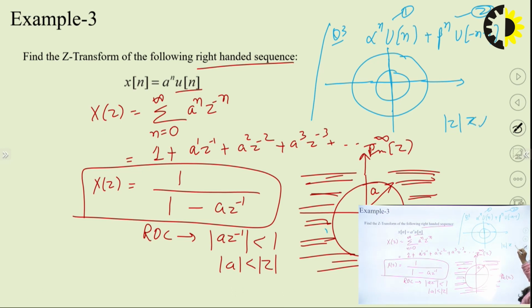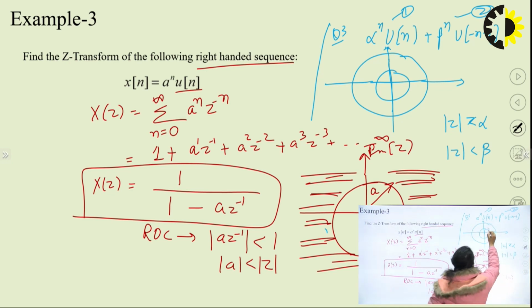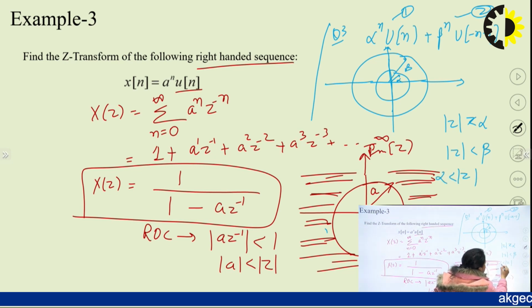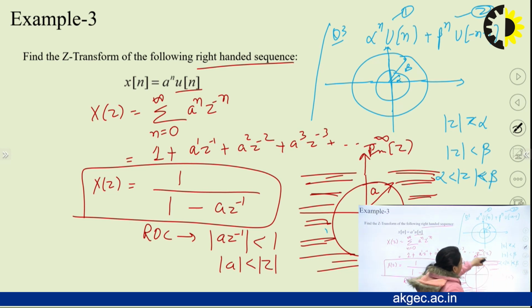For the sequence which is a left side sequence, we get |z| less than beta. So we can draw two circles, one with radius alpha and another with radius beta, and from here you can conclude that |z| lies between alpha and beta. So alpha is less than beta.